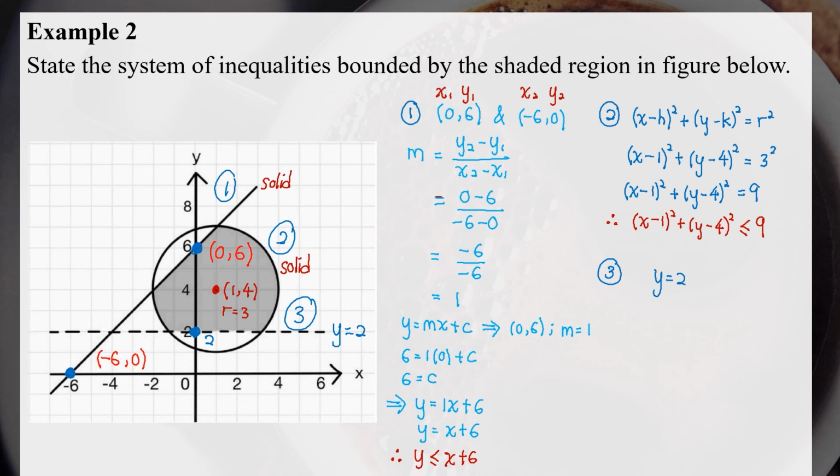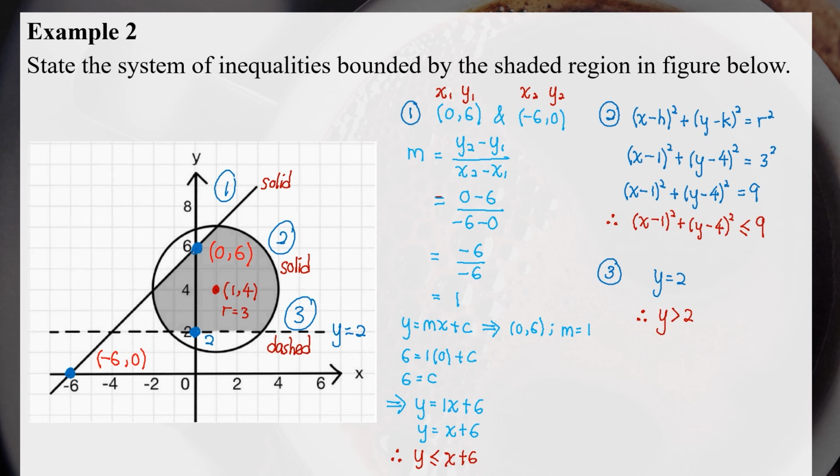You can see this is a dashed line, and the shaded region is above this straight line. So our inequality is y is greater than 2, without the equal sign. Why without the equal sign? Because this line is a dashed line.